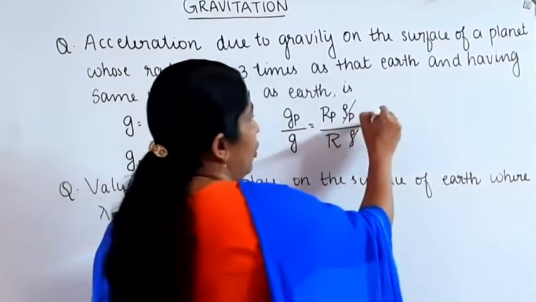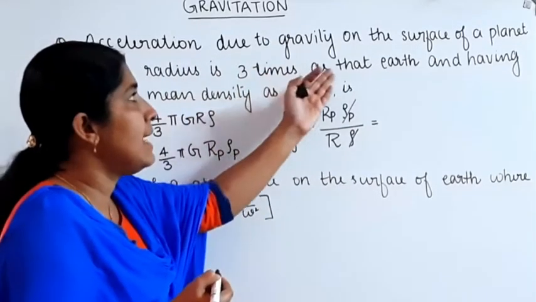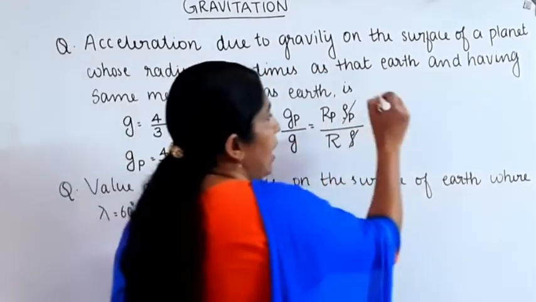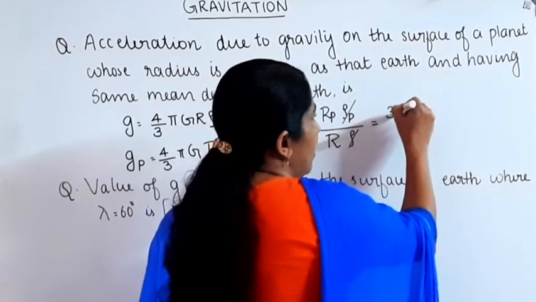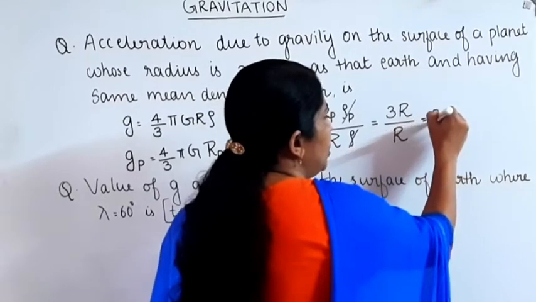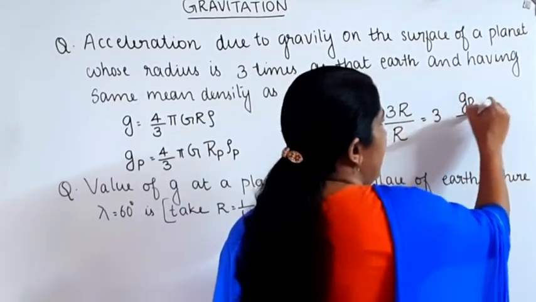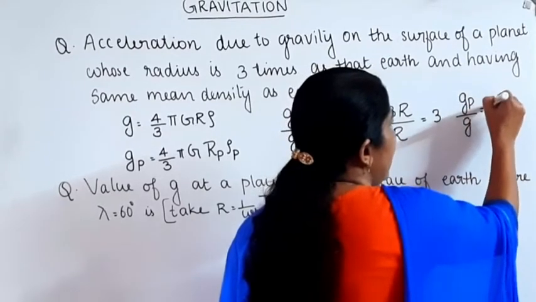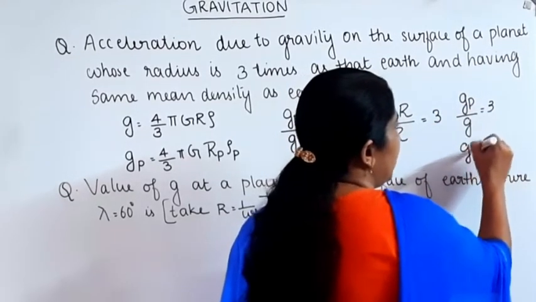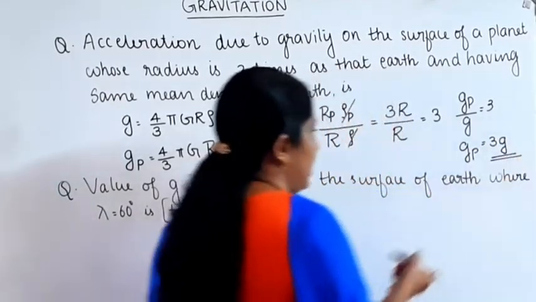What about Rp? Rp is equal to 3 times R, since the radius is 3 times that of earth. Then Rp divided by R becomes equal to 3. So Gp divided by g is equal to 3, then Gp is equal to 3 times the acceleration due to gravity on the surface of the earth.